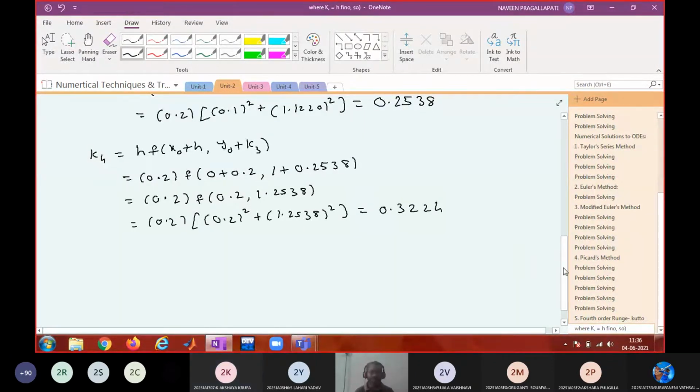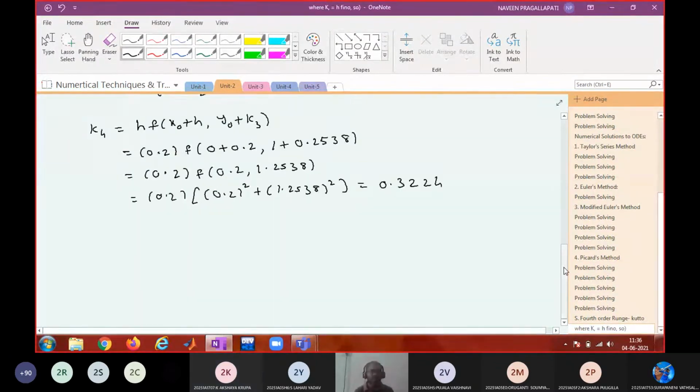0.3224. Okay, so once you have k1, k2, k3, k4, y1 is equal to y naught plus 1 by 6 times k1 plus 2k2 plus 2k3 plus k4.